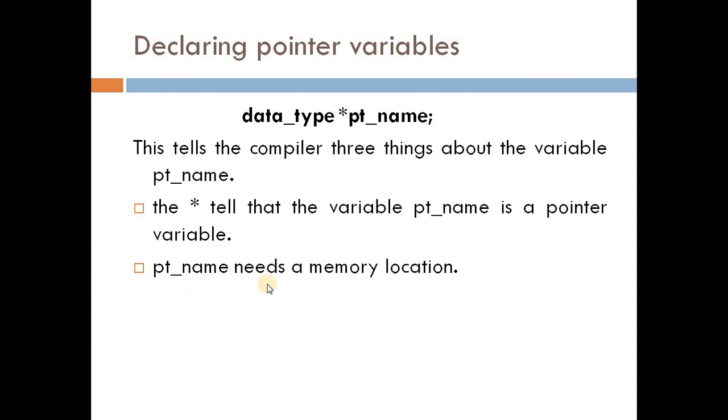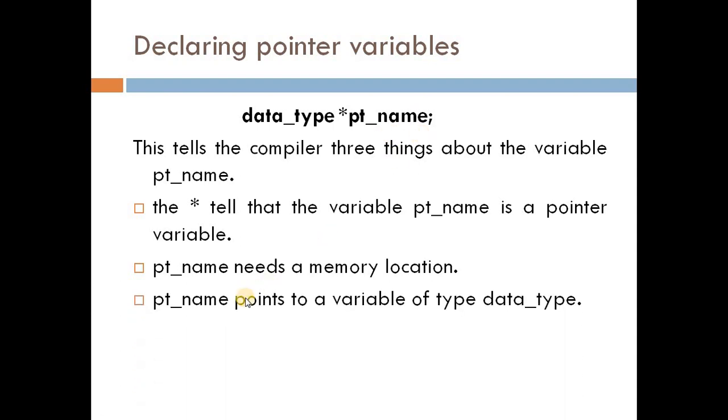Second, the pointer name needs a memory location. When this statement gets executed, the compiler will allocate a memory location for this particular variable name. And third, the pointer name points to a variable of type data type. So this pointer variable will point to a variable whose data type is given over here.